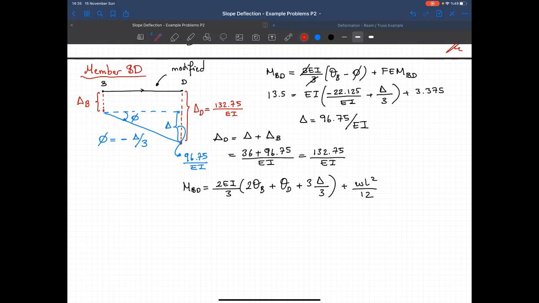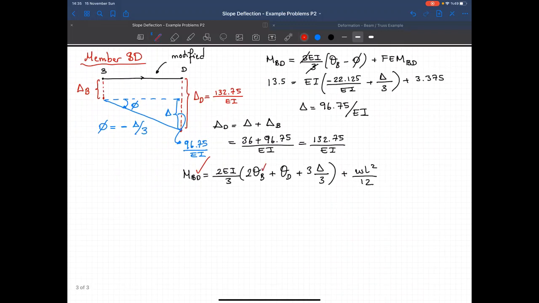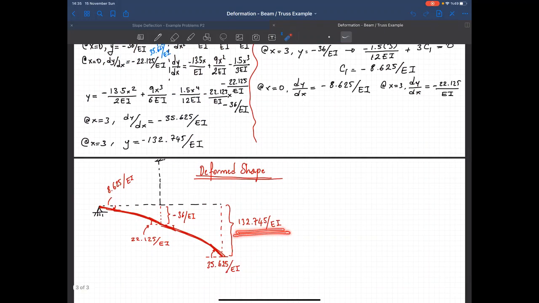In that equation, we know what MBD is. We know what rotation is. Now we calculated what delta is. This is known, so theta D is the only unknown. If you do that, you will obtain theta D, whatever the value is. Now let's compare our results with our previous solution. So this is what we have in our hand. And as you see, it is the same translation.